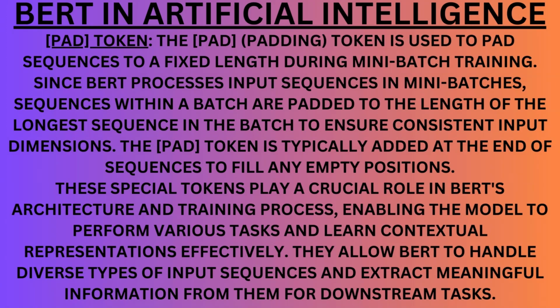These special tokens play a crucial role in BERT's architecture and training process, enabling the model to perform various tasks and learn contextual representations effectively. They allow BERT to handle diverse types of input sequences and extract meaningful information from them for downstream tasks.